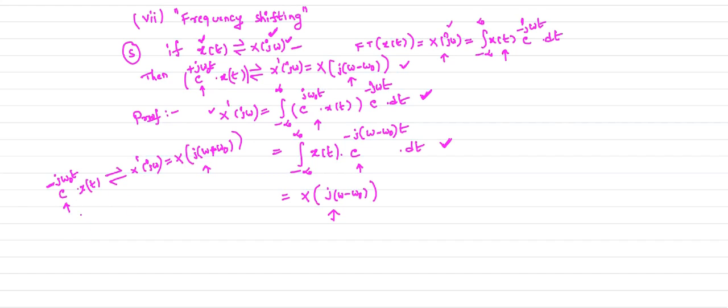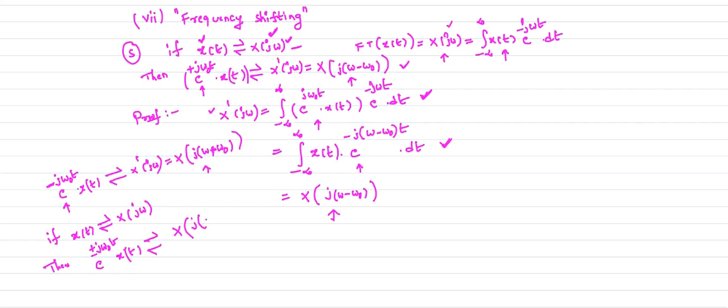Now I generalize this statement for the frequency shifting operation. If x(t) is a time domain signal and its transform is X(j omega), then the frequency shifting operation states that if you multiply your time domain signal by e^(plus or minus j omega naught t) into x(t), you get the shifted signal in the frequency domain.